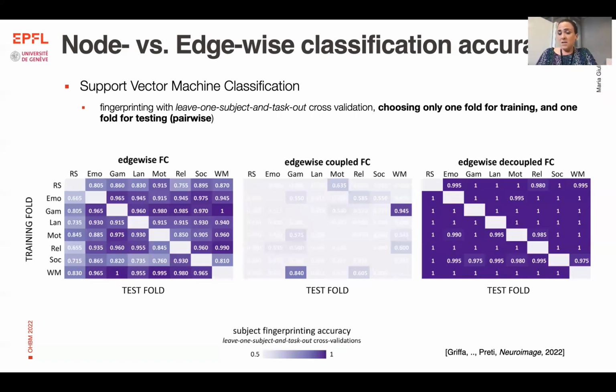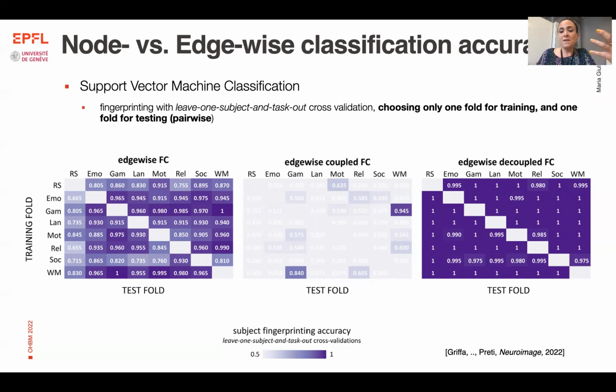And indeed, even here, the measure that performed better is the edgewise decoupled functional connectivity with near perfect accuracies for almost all the pairs, confirming basically our hypothesis of before that it's in the decoupled portion of the signal that we find this information specific to individuals.